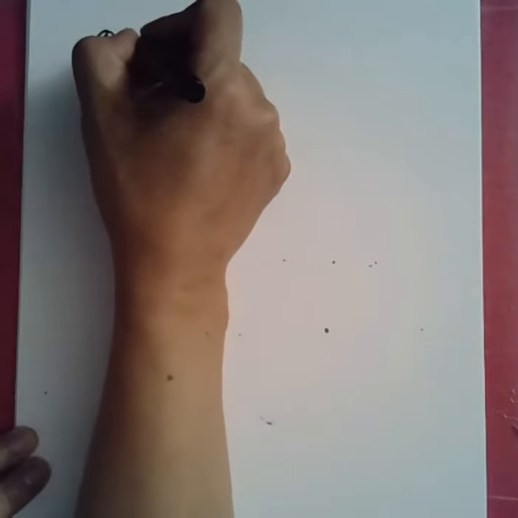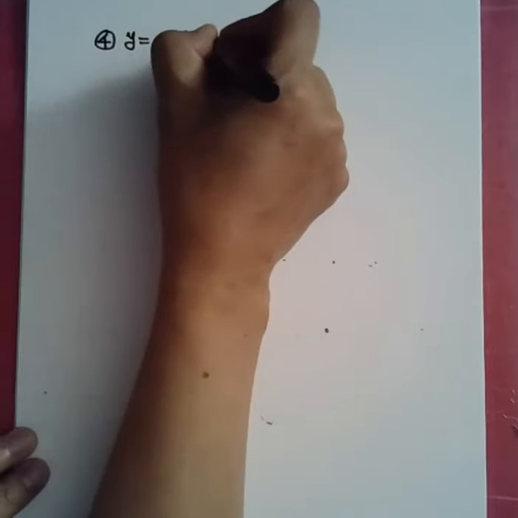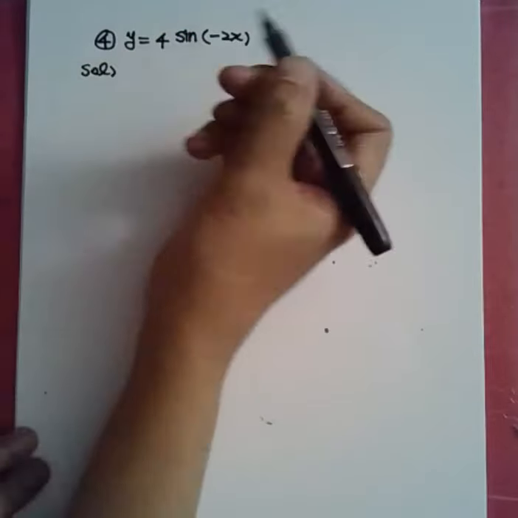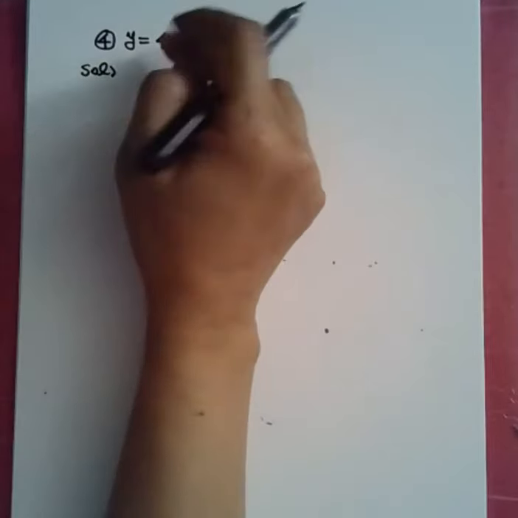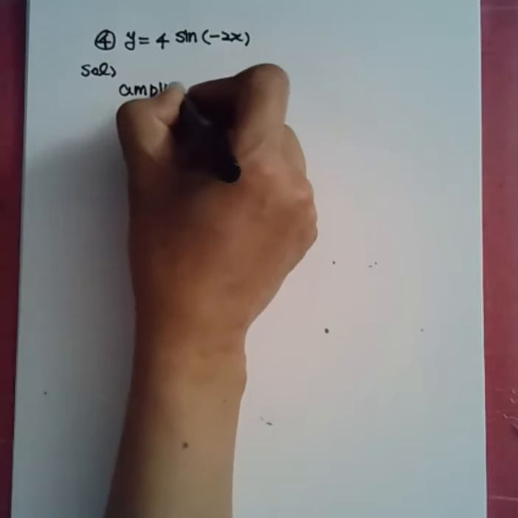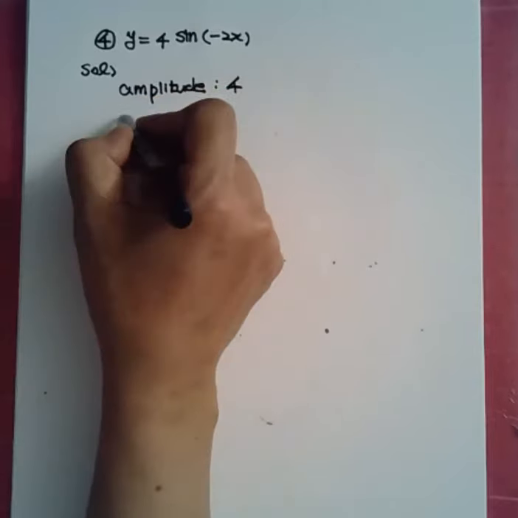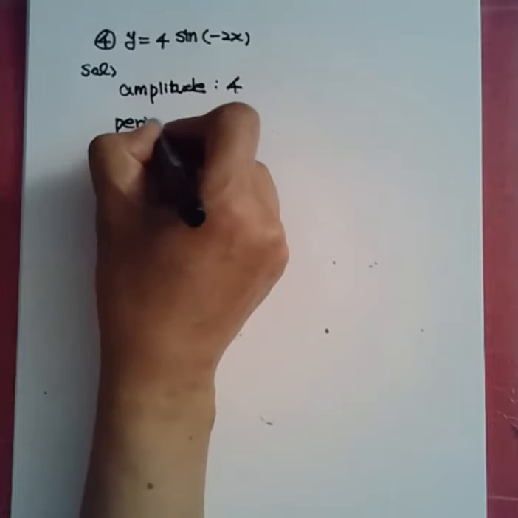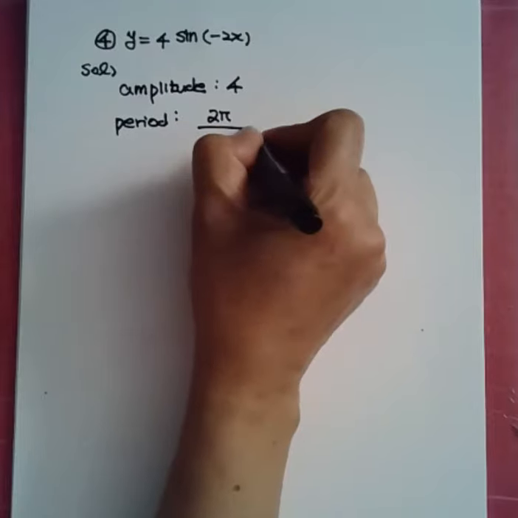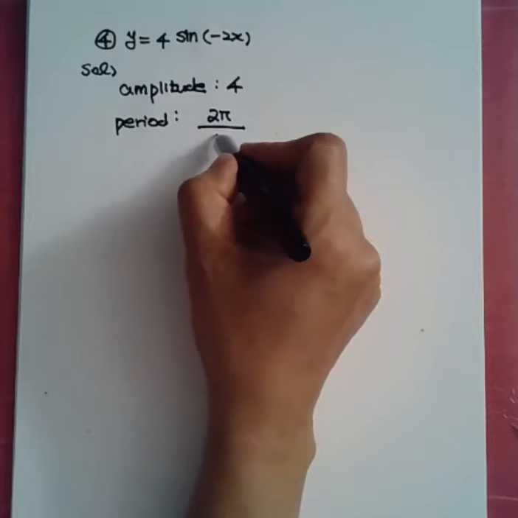The next question is about y equals 4 times sine of minus 2x. Amplitude of the function is this number, so amplitude is 4, and period is 2 pi divided by the absolute value of this number, meaning just drop the minus sign.